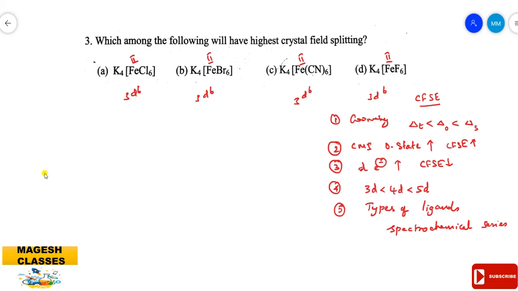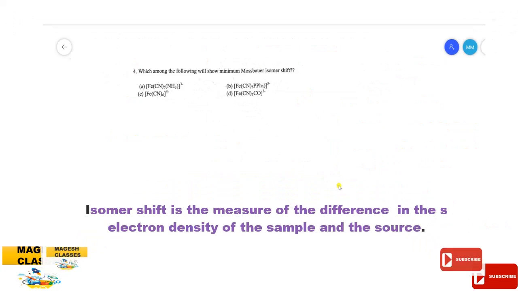So the factor depends upon the types of ligand. Various ligands are present, and it is based on the spectrochemical series. The splitting pattern is in the order I, Br, Cl, F for the halogens. Cyanide is a strong ligand, so the splitting of cyanide is very high. So the highest crystal field splitting is in C.